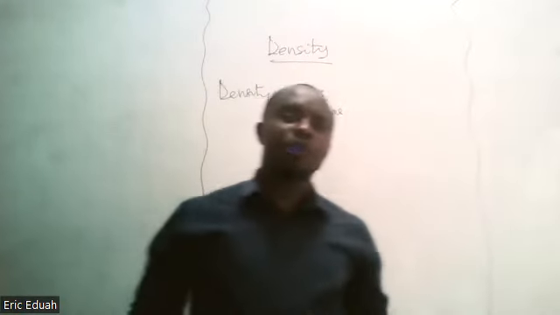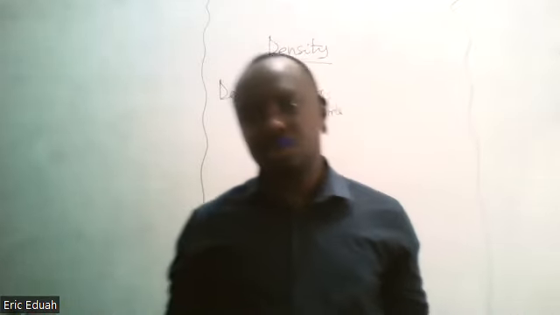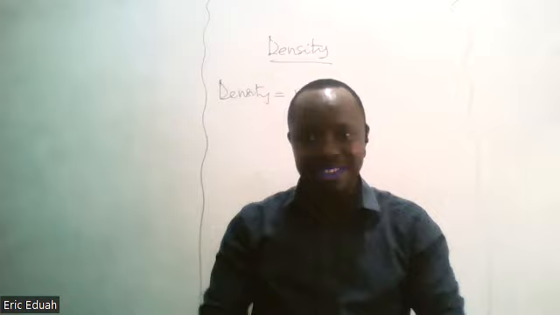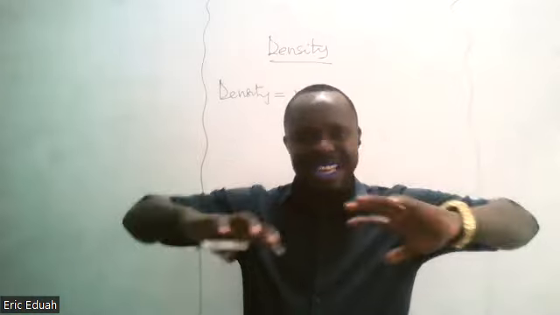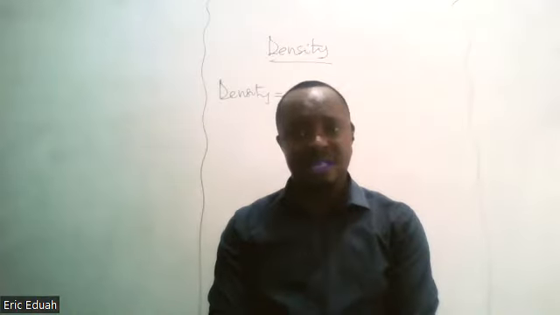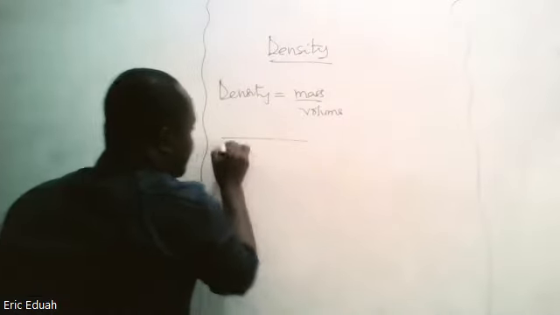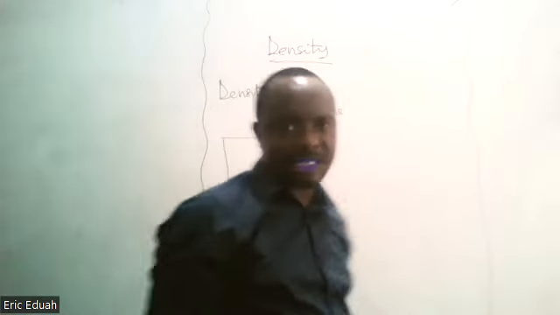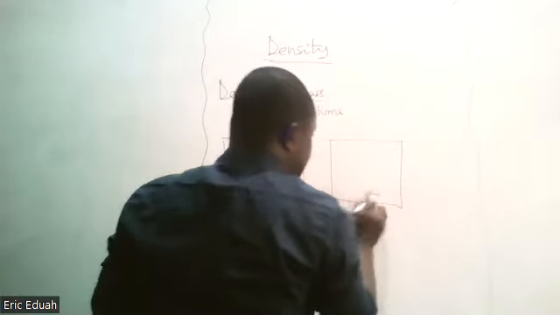When we talk about density of a substance, we are basically talking about the number of particles within a given volume. In JHS, you were drawing solid, liquid, and then gases in this form.